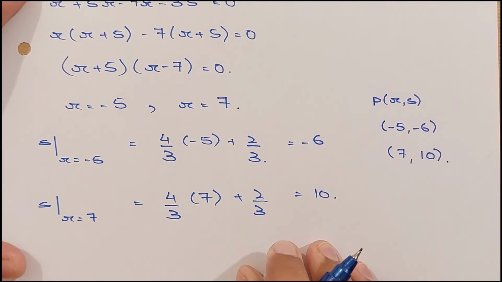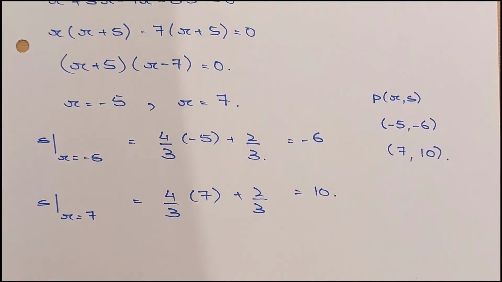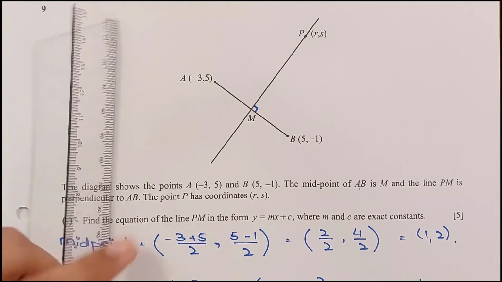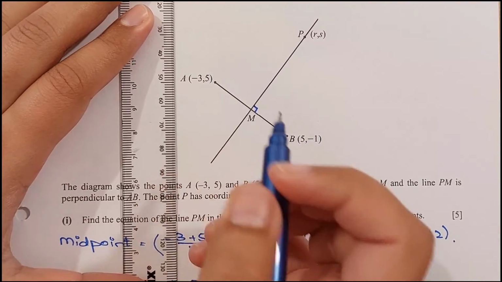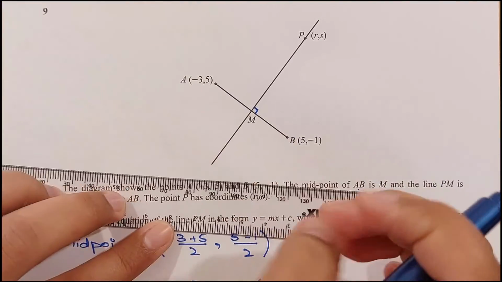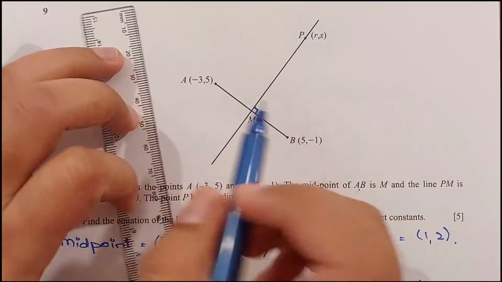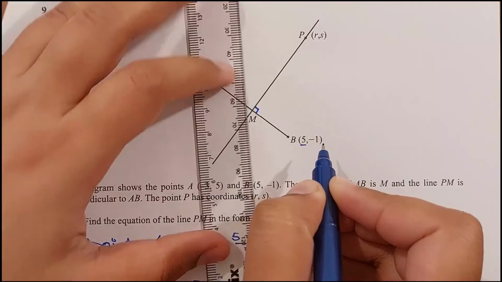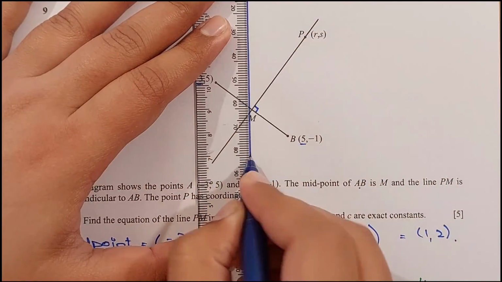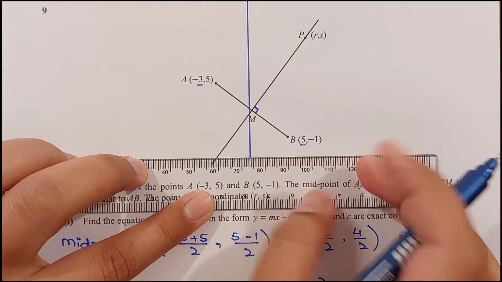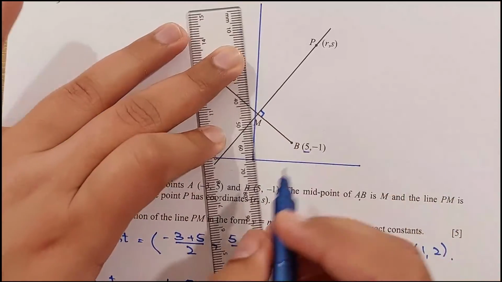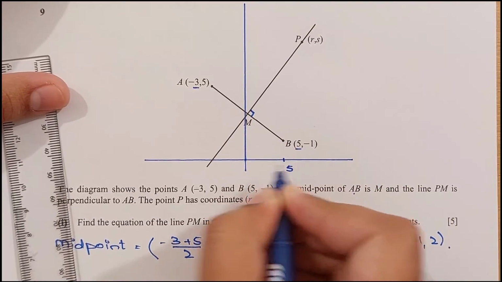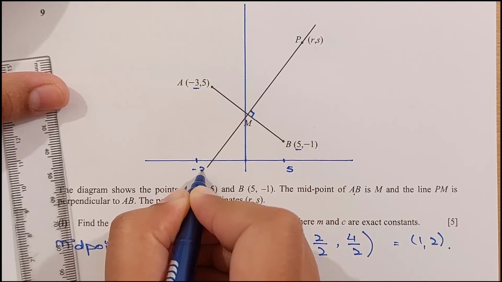Now we have to check which are the coordinates for P. As you can see, if I draw the x and y axes, here the x value is 5 and here the x value is minus 3.